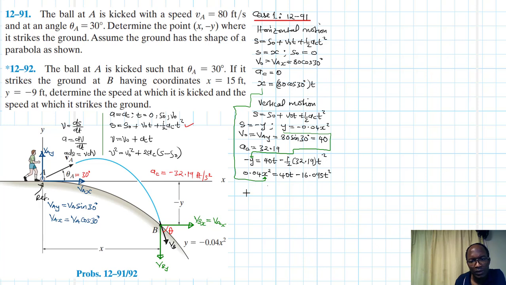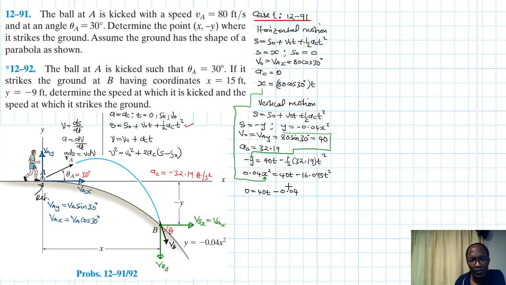Right, so we can say 0 equals 40t, and we take this to the other side to be minus 0.04. Again, if you do not want to replace x, you can replace t directly so that you find x. But I prefer this because I do not want very long equations.